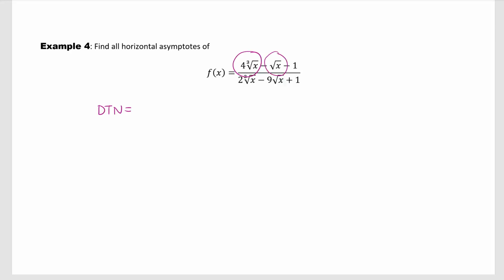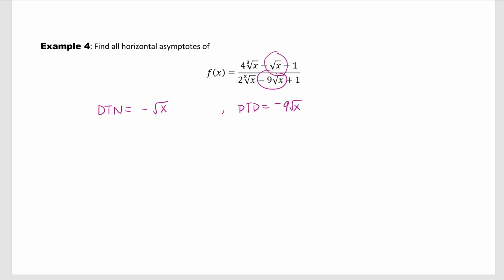The square root, right? Actually, this problem is quite tricky because the square root's dominant, not the cube roots. Okay? And the dominant term of the denominator is negative 9 square root of x. You also need to include the coefficient.